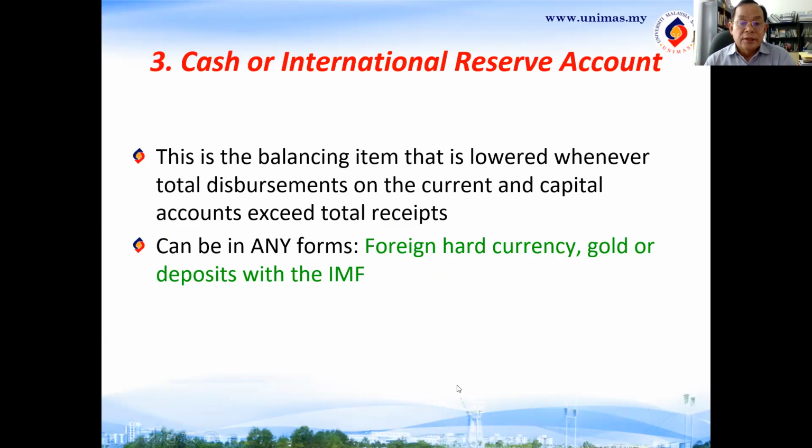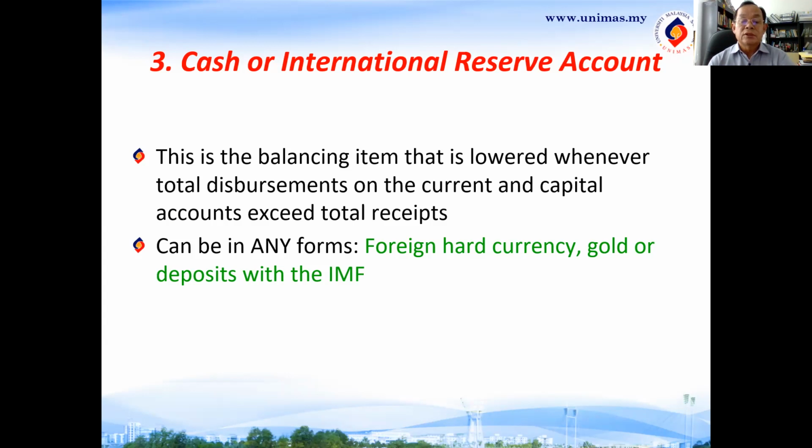Okay, now the third account is the cash or reserve, the international reserve account. I think you have probably heard people talking about reserve, the country's reserve and so on. So this is actually the balancing item, which is lowered, diturunkan, whenever the total disbursement on the current and capital account exceeds the total receipt.